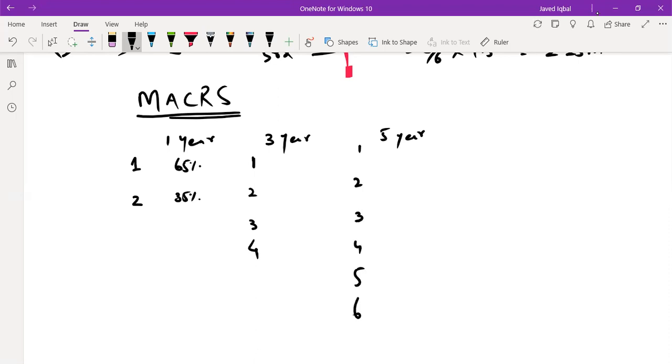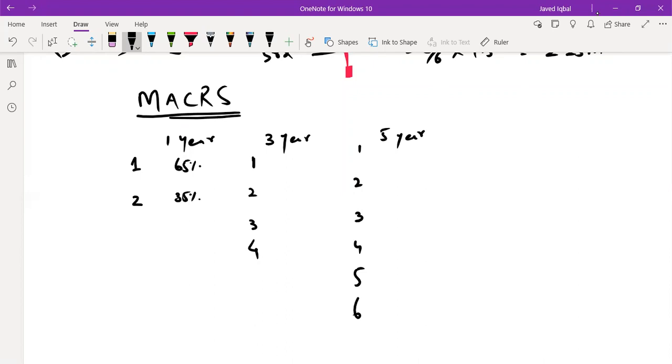So for every asset class, you have certain percentages provided to you. You don't need to calculate a certain percentage. You just have to find the MACRS table and your class of asset. If it's 3 years, 4 years worth, means having life. So you'll be just taking those percentages and multiplying it by cost.